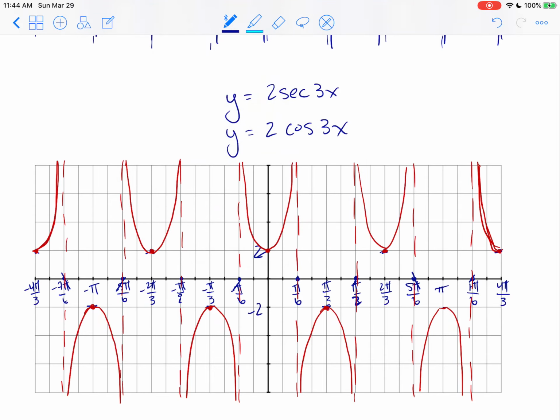And just do the best you can. This actually works out better when you do it on paper because everything else was in pen, and I would just erase the pencil and you would just be left with what you wanted there to be. And so there is the graph of 2 secant of 3x.